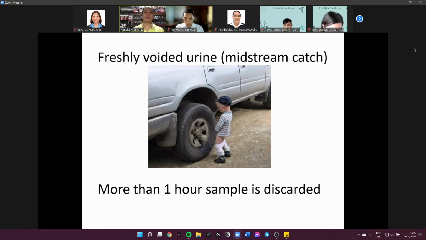So what we do is the midstream clean catch. It is important for you to instruct the patient how to properly collect the urine. The medtechs here are probably more familiar with this.